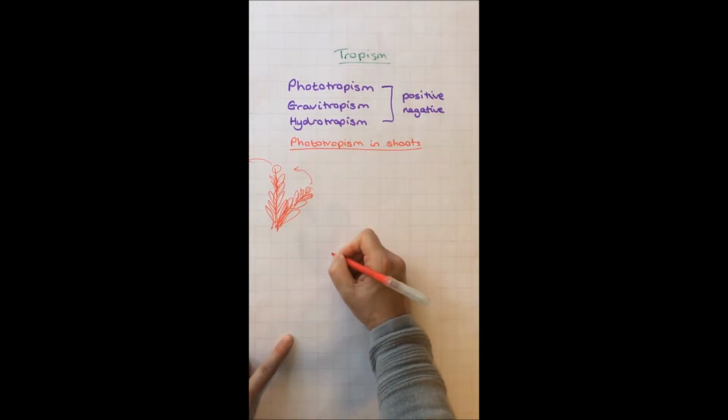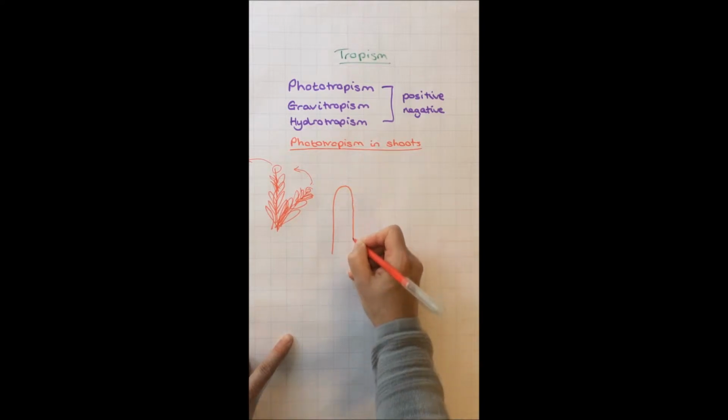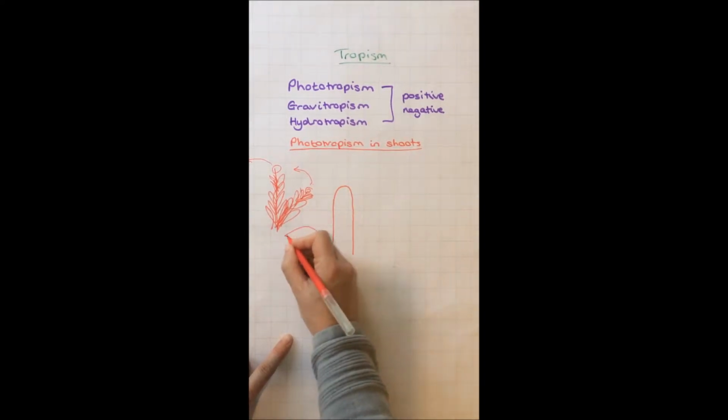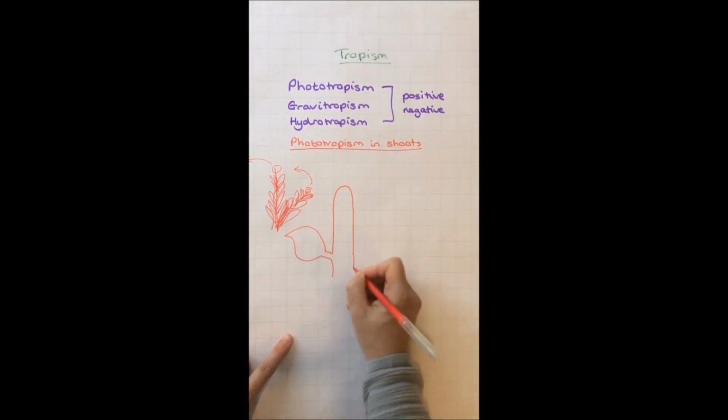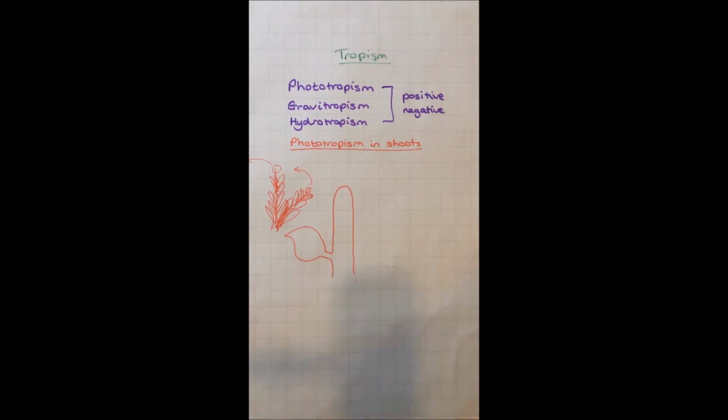So if we look at the shoot itself, here's the shoot, here's one of the leaves a bit further down. Let's say we had light coming in from this direction over here. What happens is the plant produces a hormone, and the hormone responsible for this is called auxin.